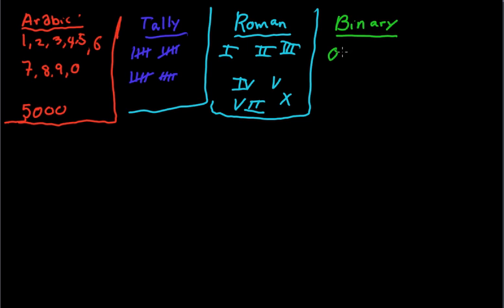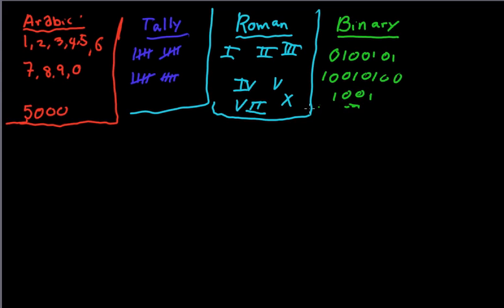The binary system just uses ones and zeros, and that's what your computer runs off of. We represent them with ones and zeros, really it's on and off switches, but the binary number system is just lots of ones and zeros over and over, and that's how it represents numbers in that system.